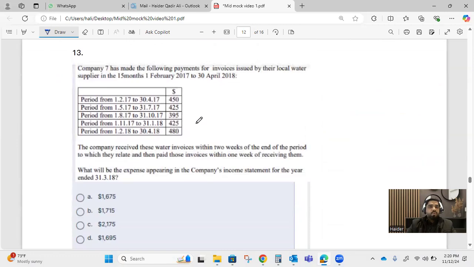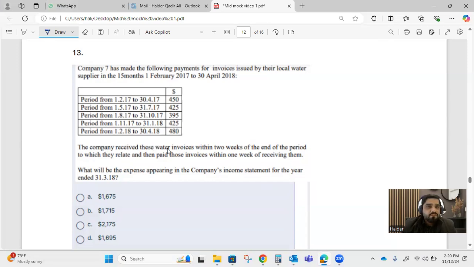This involves the accrual application, the accrual system. Company 7 has made the following payments for invoices issued by a local water supplier in 15 months, 1st February 2017 to 30th April 2018. So here we have the data from 1st February till 30th April the next year.